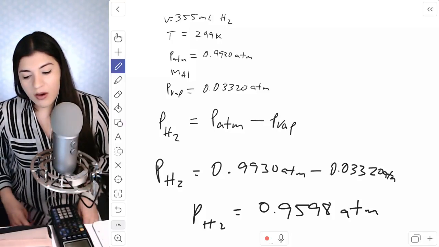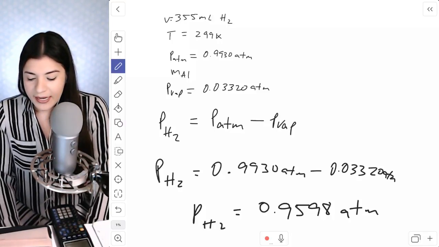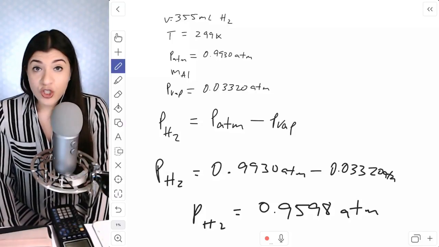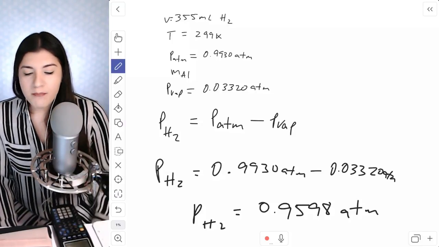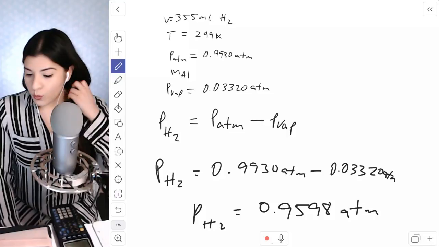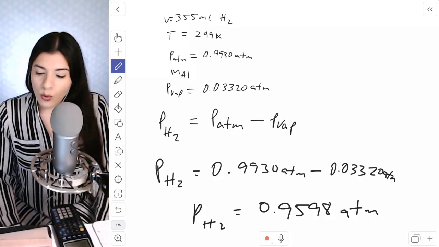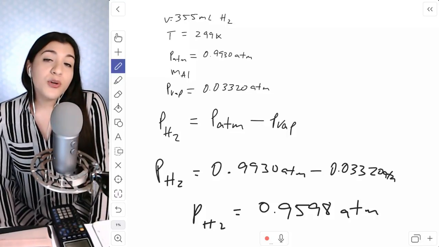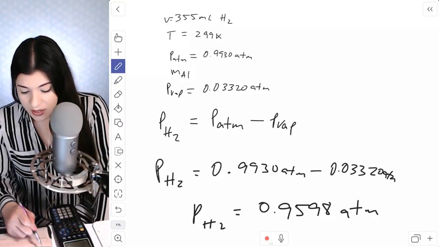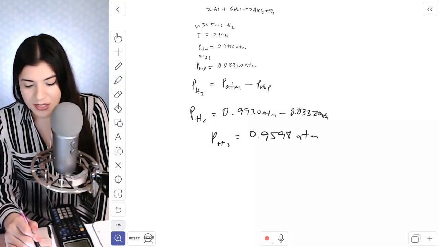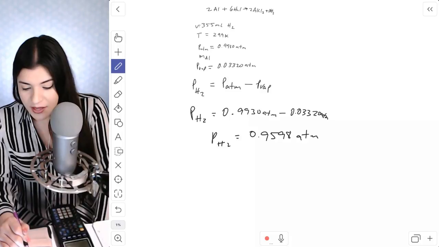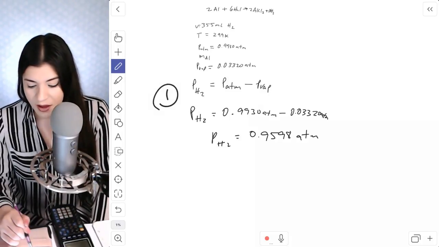Now, because they give us everything according to H2, and we want to find the mass of aluminum, first we have to figure out how many moles of H2 we have, and we'll use the ideal gas law for that. So that's actually the second step in this case. Our first step was just to get the correct pressure.